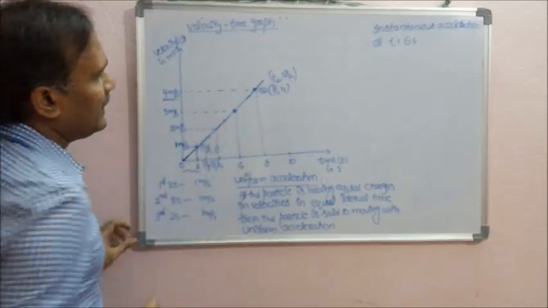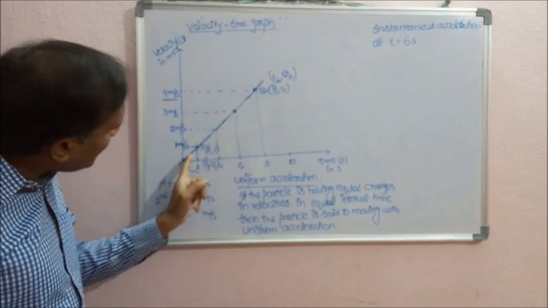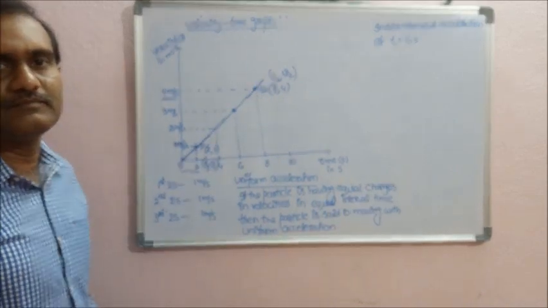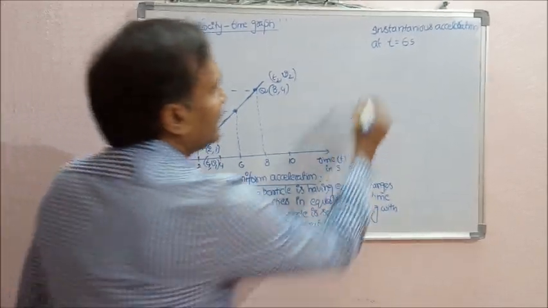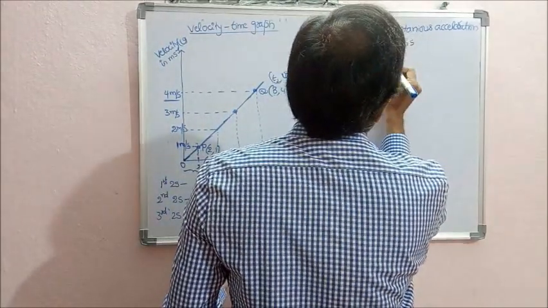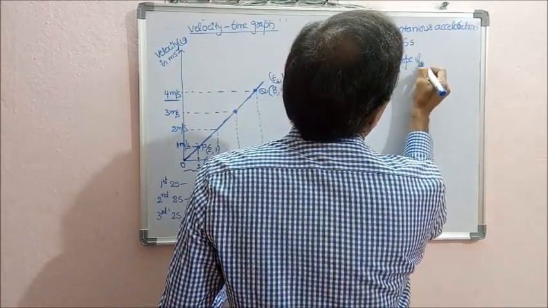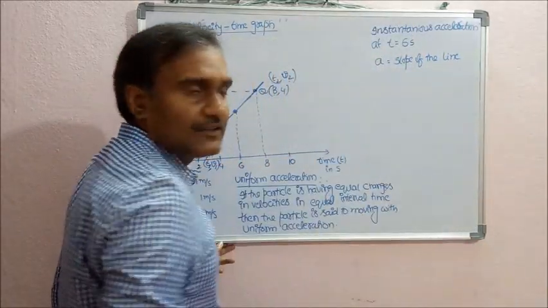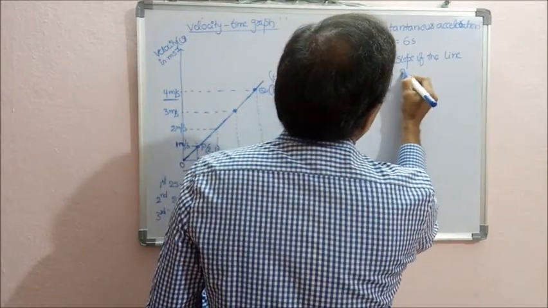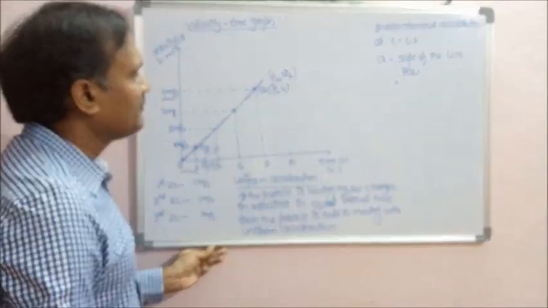Now instantaneous acceleration is nothing but the slope of the same line PQ, because this line is passing through this point. Therefore, instantaneous acceleration a is equal to the slope of the line. It is the tangent actually. What is the slope of the line PQ?